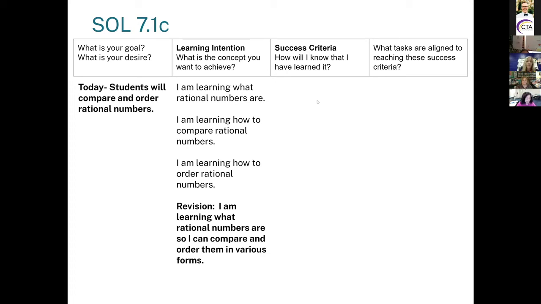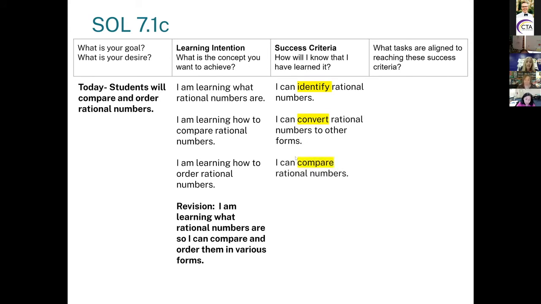So how will students know they have learned it? Some of you mentioned going back to your standards here and looking at those verbs, and that framework is vital. You've got to do that to make sure that you are teaching students to the level that they need for that particular standard. So we want to make sure we can identify what rational numbers are. We want to be able to convert them from one form to another.